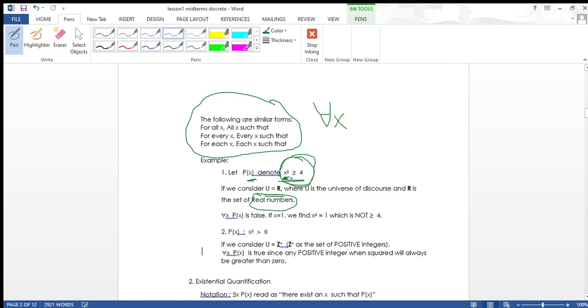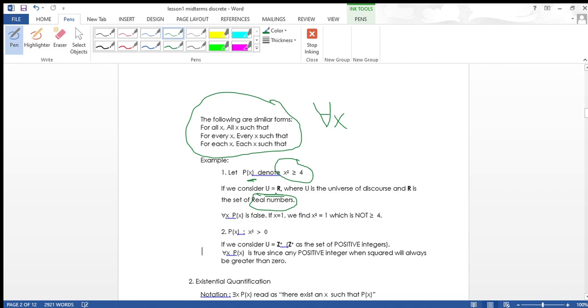Okay? So it also means that if you want now to determine if this proposition is false, you just need one value of x to violate this proposition. You just need one.